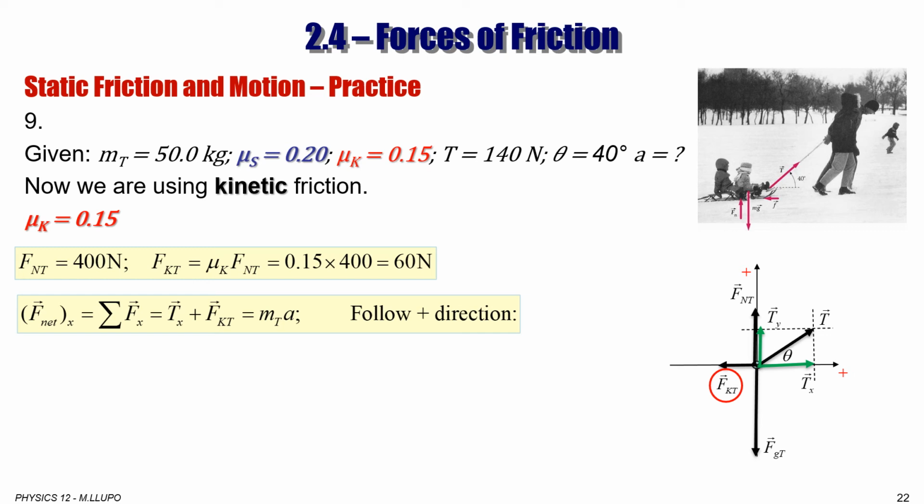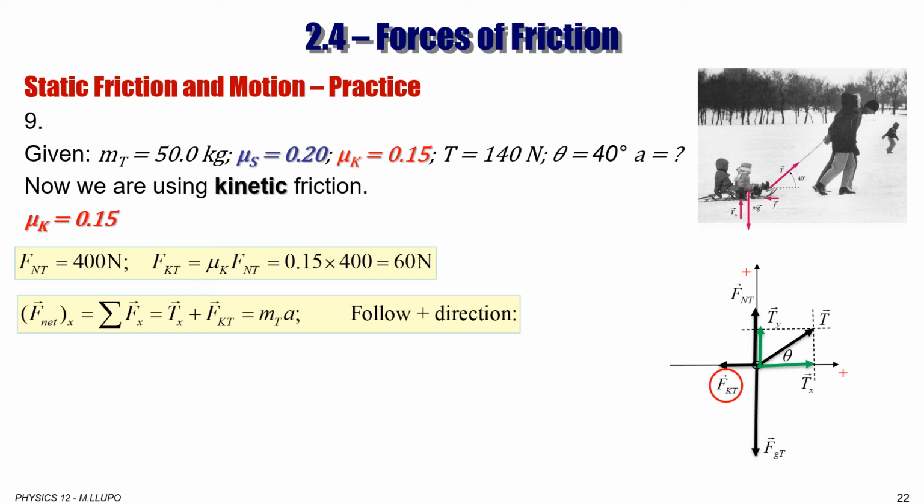Then we do the second Newton law on the x-axis. So that means that Tx plus Fk is equal to mta. We can follow the positive direction. So Tx is positive, Fk total, the kinetic force of friction total, is negative. That is equal to mta.